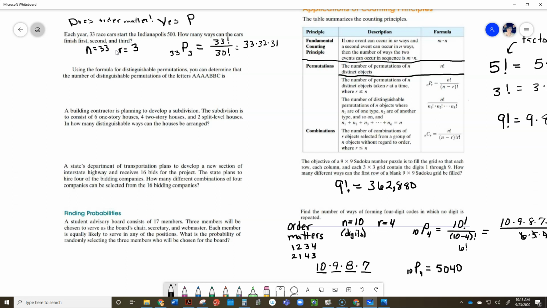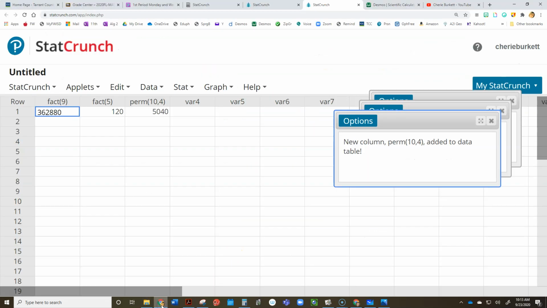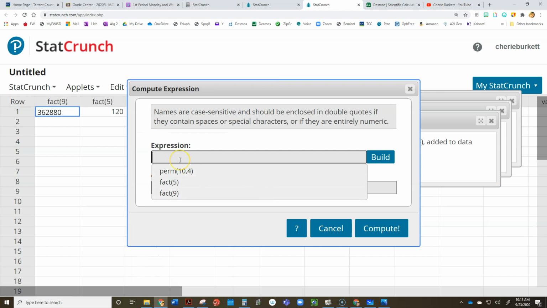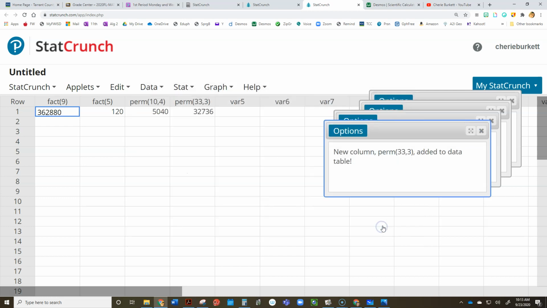So you can multiply it out like that. Or you can go to this one, do compute, and do perm. I have 33 things, I'm going to choose 3 of those things, and compute.